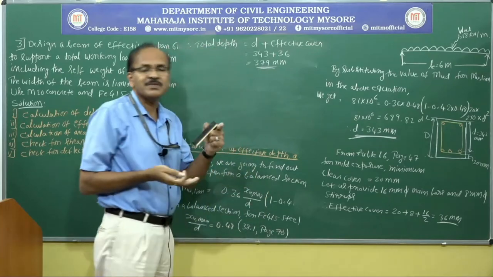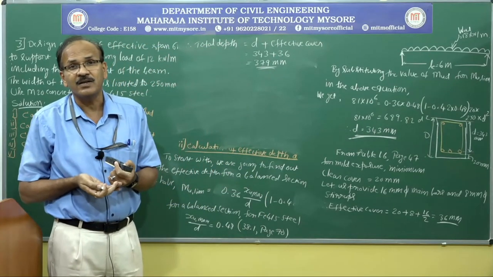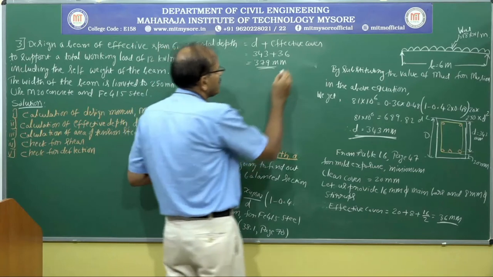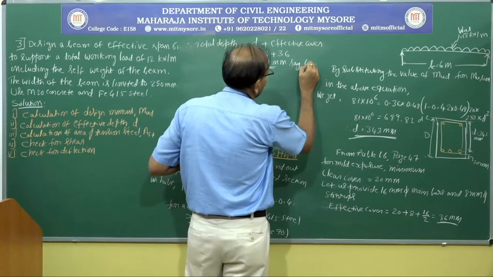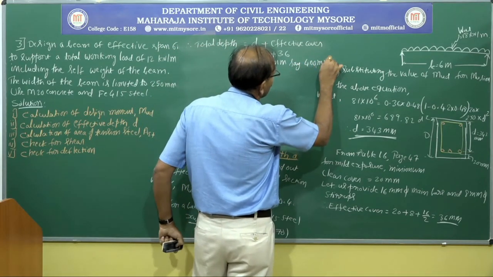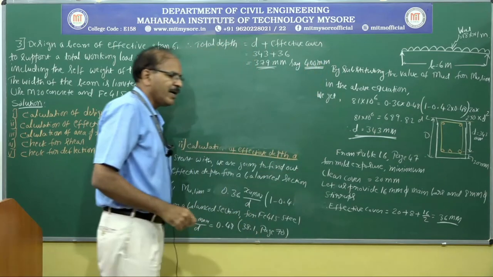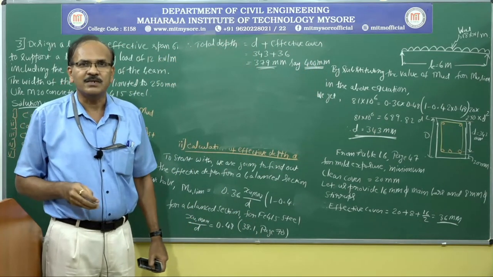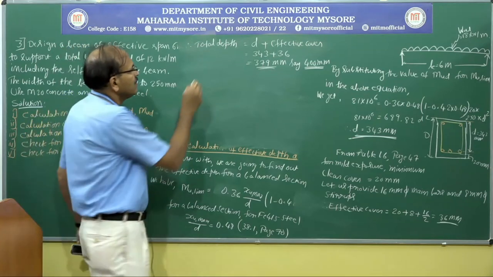That is the total depth, minimum total depth required. But we are not going to provide this much. Instead, we say 400 millimeter. We are going to provide an overall depth of 400 millimeter. That is the total depth.